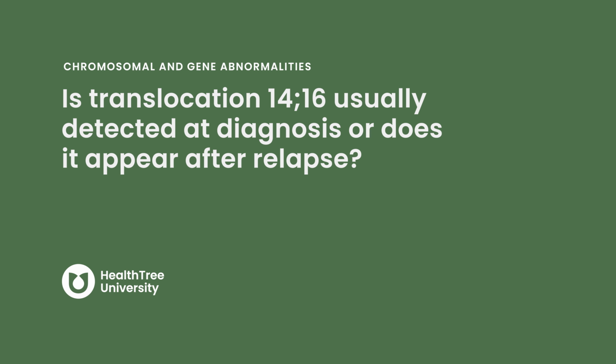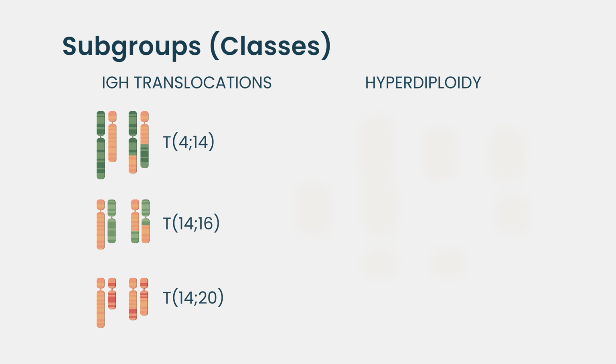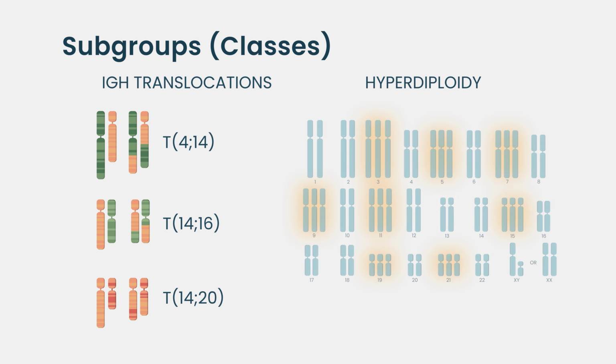Is translocation 14;16 usually detected at diagnosis, or does it appear after relapse? So in terms of myeloma genomic events or genetic alterations to the DNA of the tumor cells, we think of two separate general major classes. The first are translocations involving chromosome 14, and the second class generally does not have that. Instead, they have other abnormalities called hyperdiploidy, which means extra copies of the chromosome.